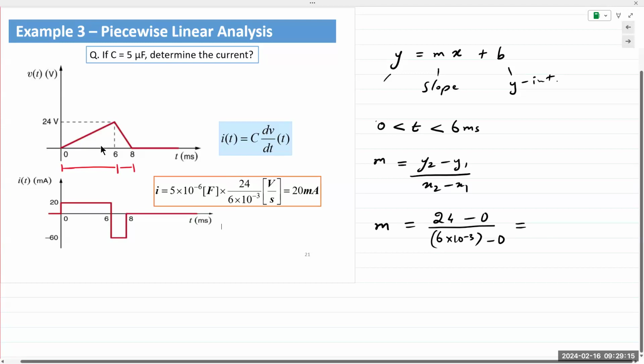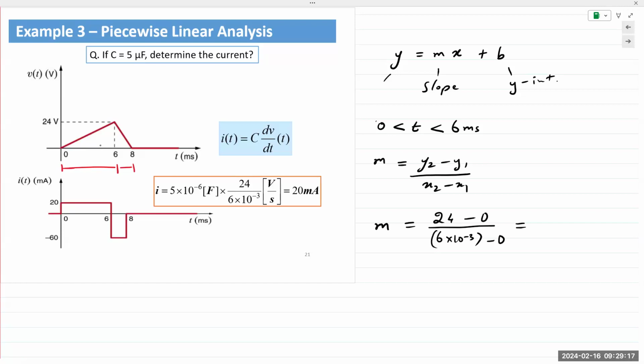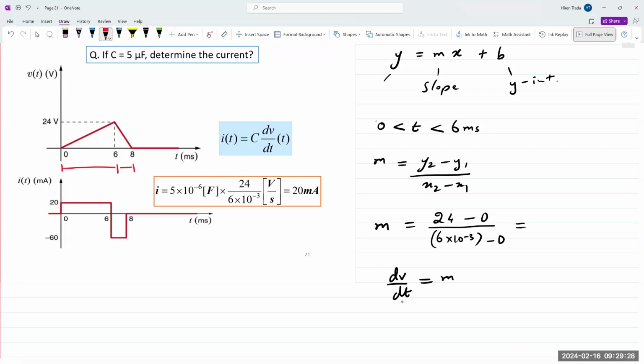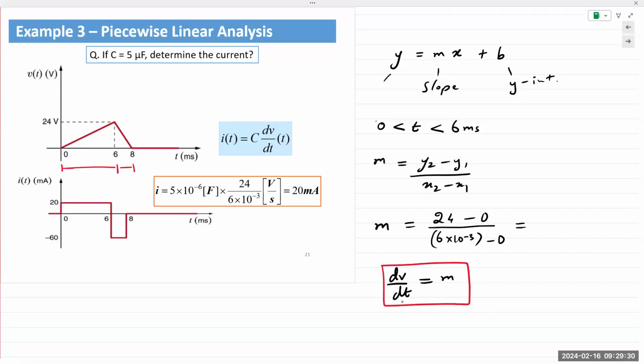That's dV over dt. Slope of a line. V is on the y-axis.